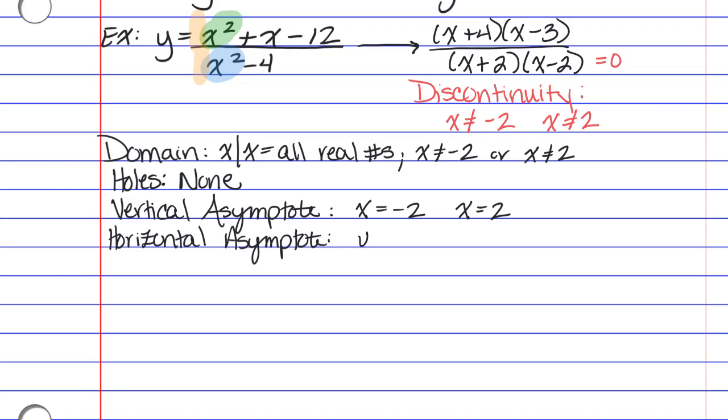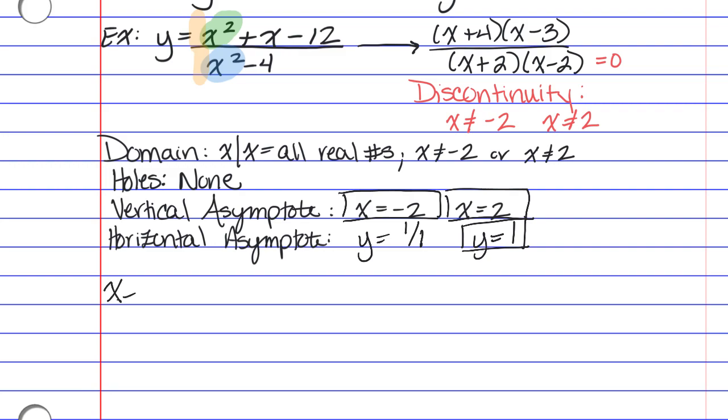My numerator has a coefficient of 1, and my denominator also has a coefficient of 1. So I have a horizontal asymptote at y equals 1, and I have 2 vertical asymptotes at x equals -2 and x equals +2.